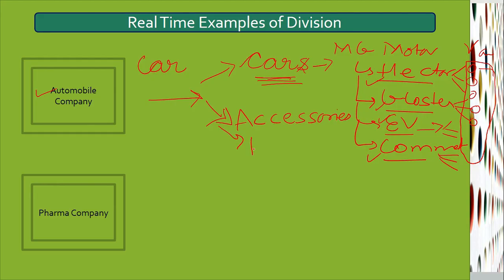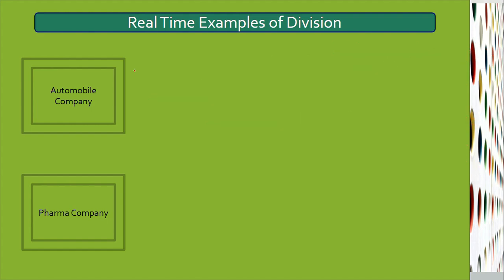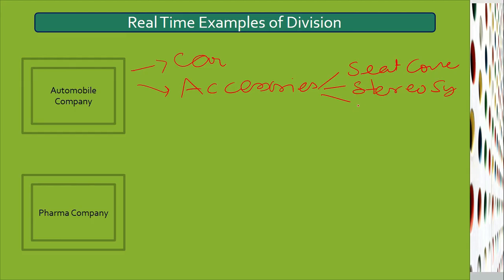So one division is cars, the second is accessories, and in accessories, for example, seat cover, stereo system, mud flap. These products come under accessories.